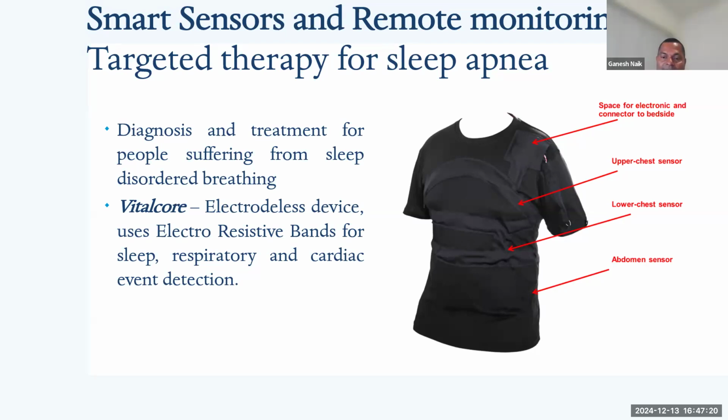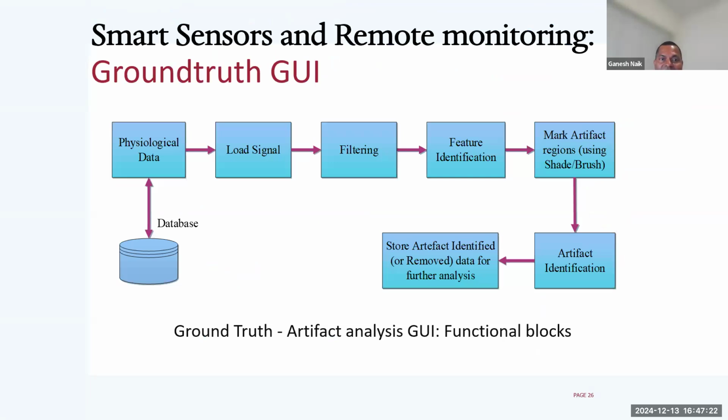So again, when we developed these, the first thing was that we wanted to look at the ground truth, because that was the unique kind of signal, and we wanted to see how much artifact there is, or what is the best signal we can use for the algorithm, the sleep apnea detection or the heart rate detection and all those things, because we were not using the ECG, or any respiratory sensors.